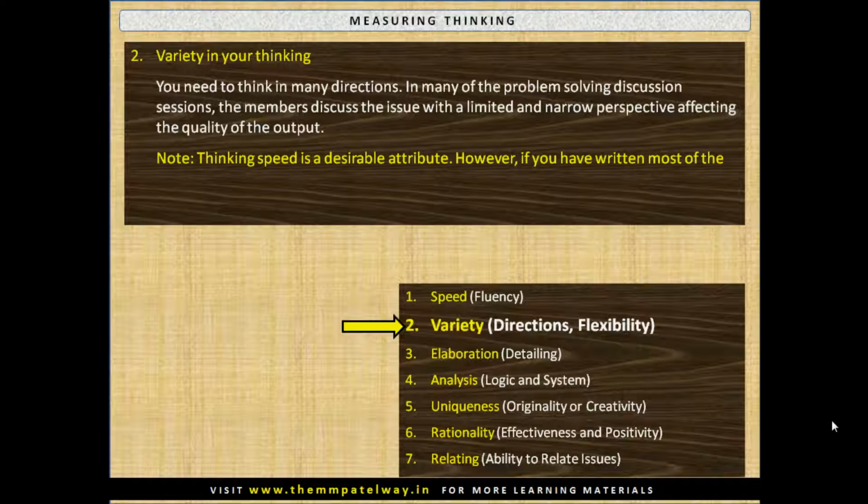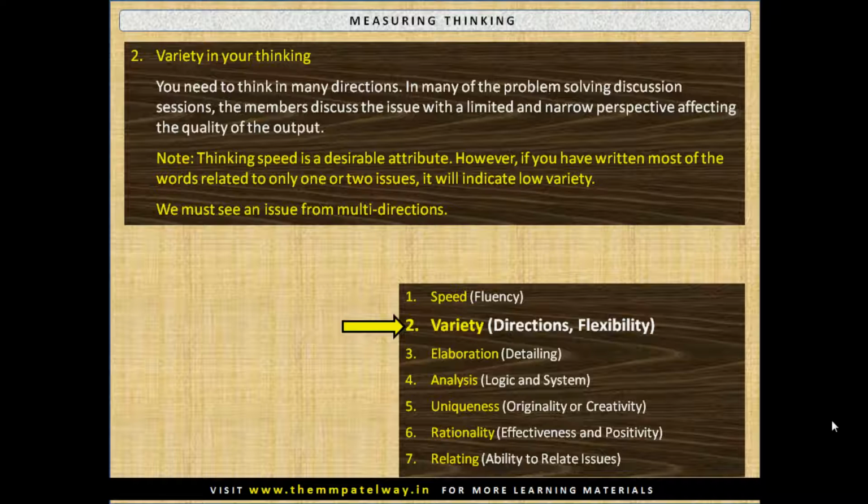However, if you have written most of the words related to only one or two issues, it will indicate a low variety. To summarize, we must see an issue from multi directions. Considering the present situation, if we are not multidirectional thinkers, we may not be effective in personal as well as professional life.